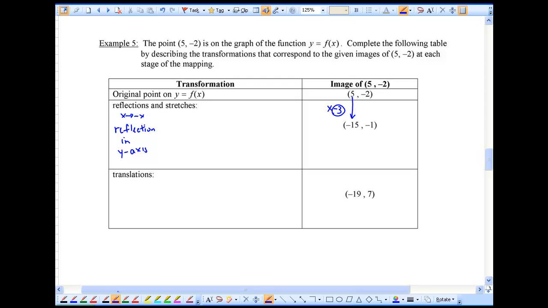That 3, though, times everything by 3, so x became 3x. That sounds like a stretch to me. So here we got a horizontal expansion by a factor of 3. Okay. And then I look at the y variables, and it looks like I multiplied by a half.